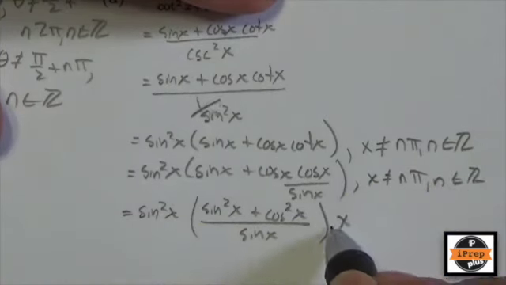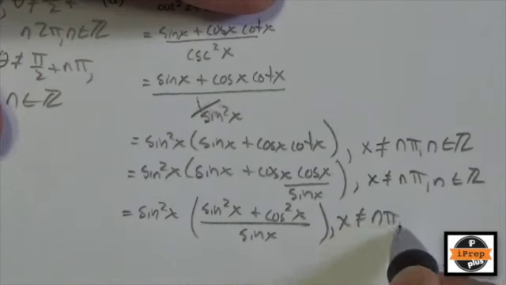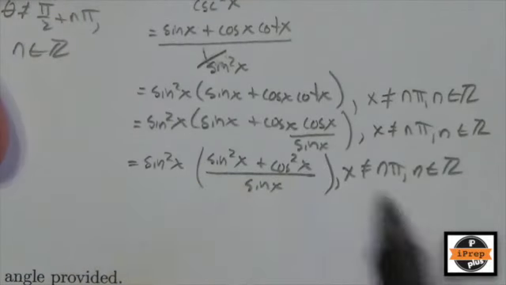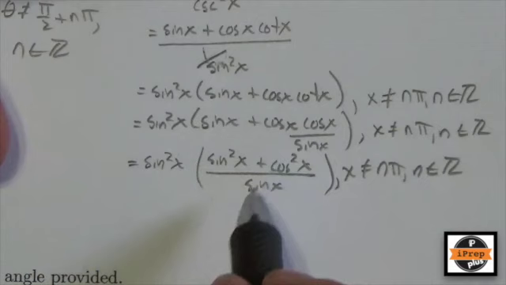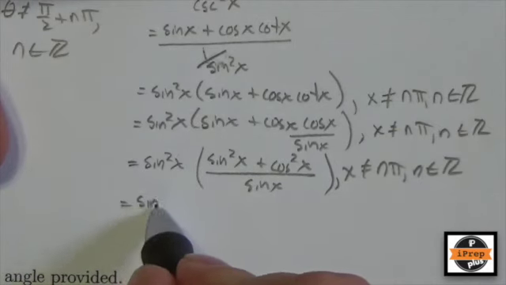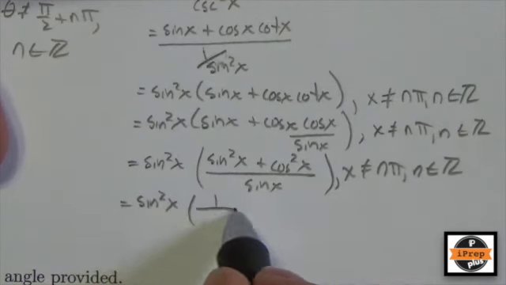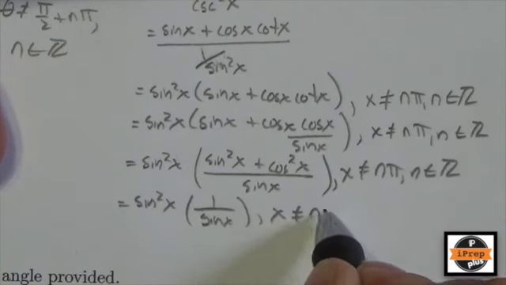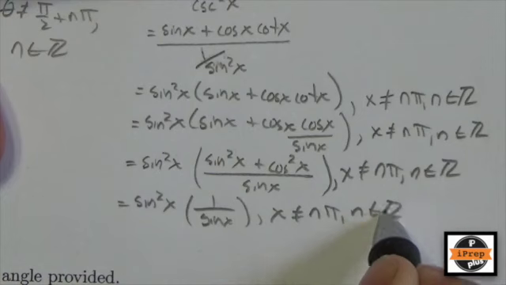We need to include this restriction all the way down to indicate that every step is equivalent to the one above it. But now, sine squared plus cosine squared, there's my identity. It's 1 over the sine of x. So 1 over the sine of x. Again, x cannot equal n pi, where n is an element of the integers.